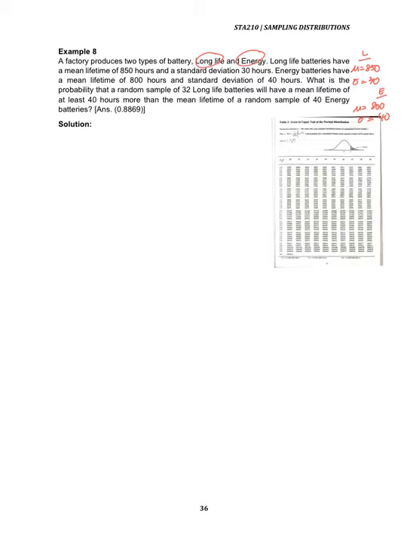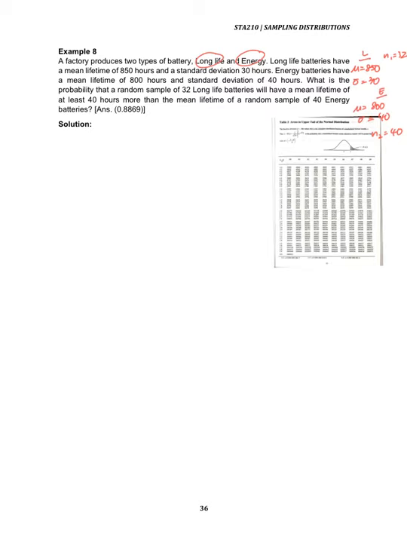Let's say 32 random samples from long life, so n1 equals 32 and n2 equals 40. What is the probability that a random sample of 32 long life batteries will have mean lifetime of at least 40 hours more than the mean lifetime of a random sample of 40 energy batteries?